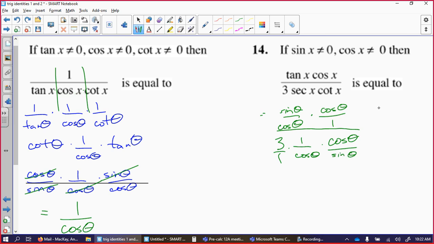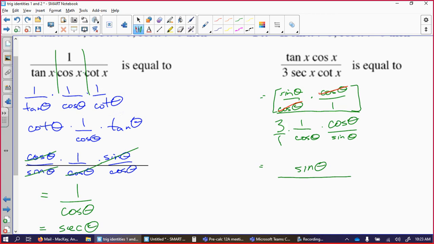Is there something in the numerator that can cancel without worrying about multiplying by all the reciprocals? It's multiply and divide. We can do things in almost whatever order we want, but I know that cos and cos cancel out. So my new numerator is sine over 1, which is just sine of theta.